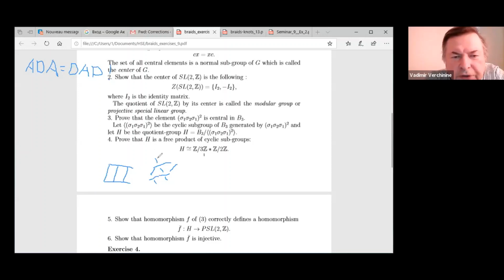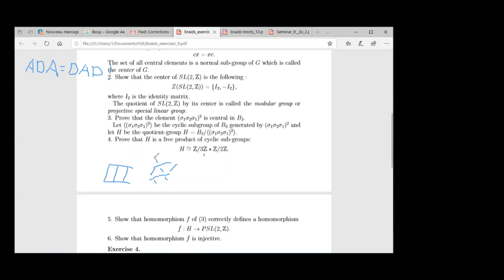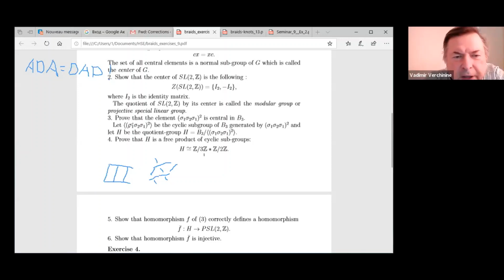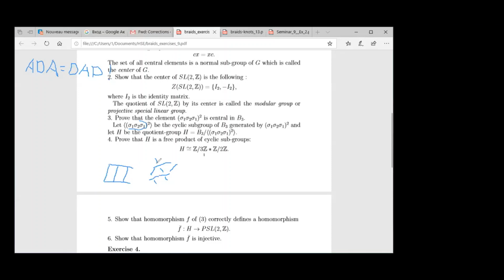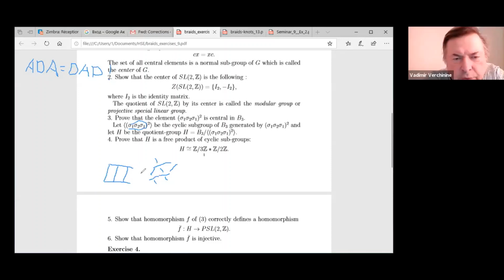So do you see this braid? Yeah. This is a braid, right? Yes, yes. And this is exactly this braid without square, sigma 1, sigma 2, sigma 1, right? If you again put here the same braid, you will get sigma 1, sigma 2, sigma 1 squared. But this braid can be constructed geometrically. How can you construct it geometrically, this braid?